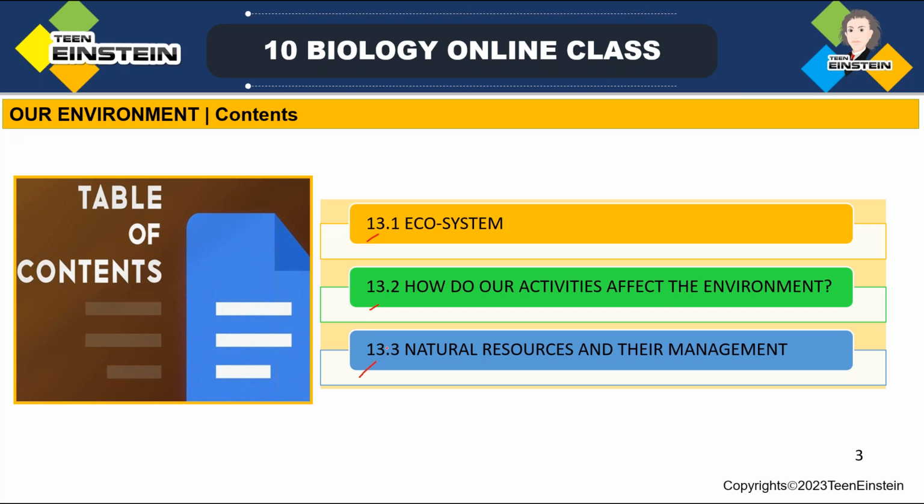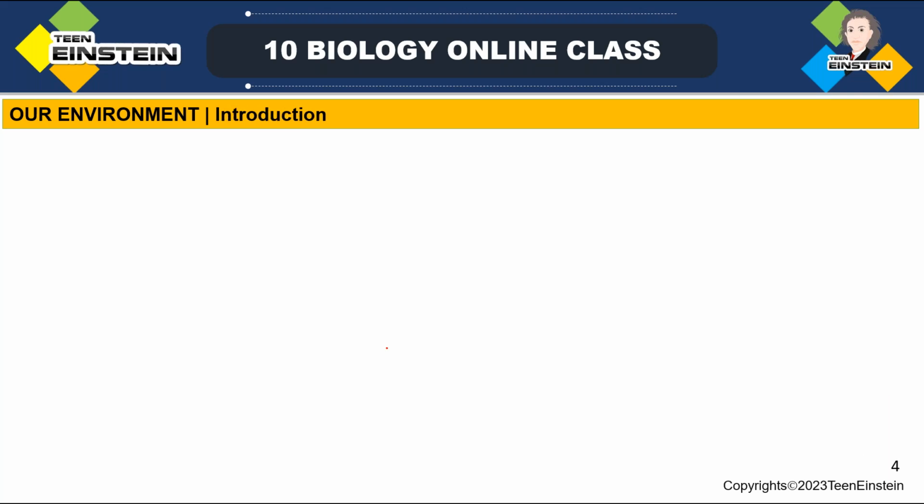About all this we are going to learn in this chapter. So about ecosystem we'll learn. Then our day-to-day activities or day-to-day life, how it is affecting the environment in a negative and positive way. Then natural resources and their management. So these are the main topics we are going to cover in this chapter.